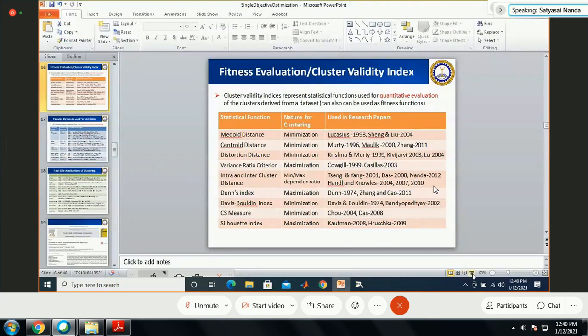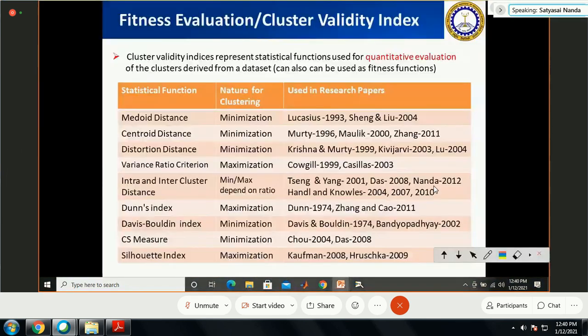So this is about the various statistical functions that are already there. If you are using a MATLAB toolbox, then the CILUT index is already there as a function which you can use.